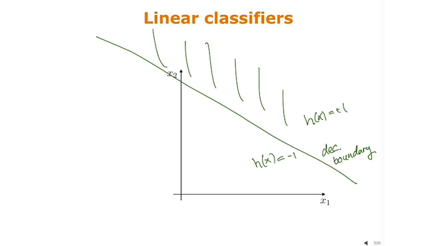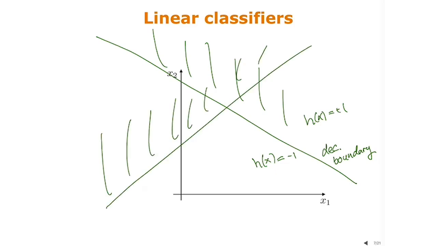All right. We can change the linear decision boundary and the linear classifier by moving the line around. So here's another example of a linear classifier. And again, the shaded side is positive and the unshaded one is negative.